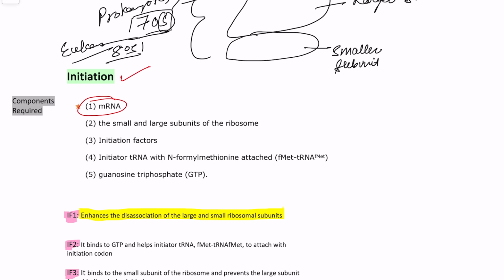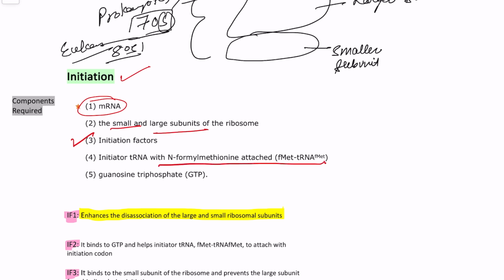Then, as we have discussed, the smaller and the larger subunit of the ribosome, and again one of the important factors, the initiation factors. There are 3 initiation factors used in the process of translation in prokaryotes: initiation factor 1, 2 and 3. We will be discussing these one by one, right? Apart from that, we do require initiator tRNA with N-formyl methionine attached. So this is the charged tRNA, right?